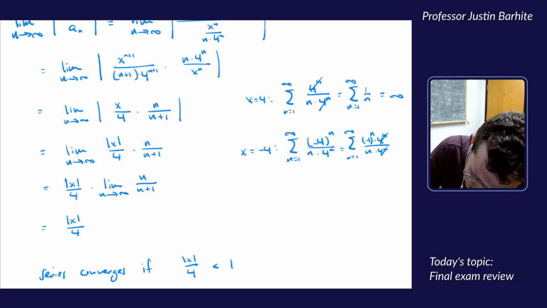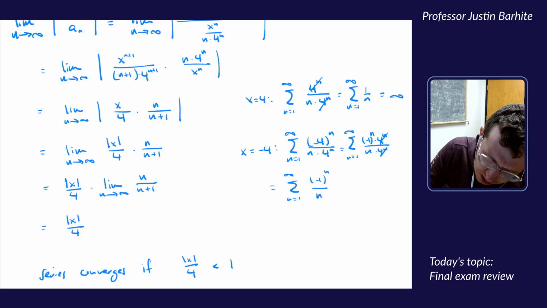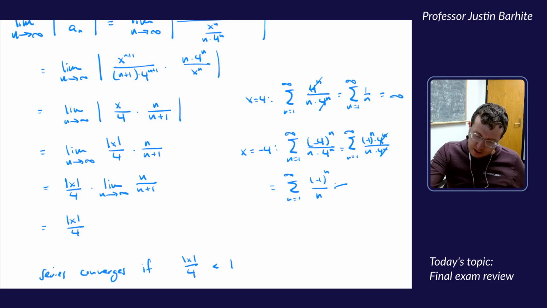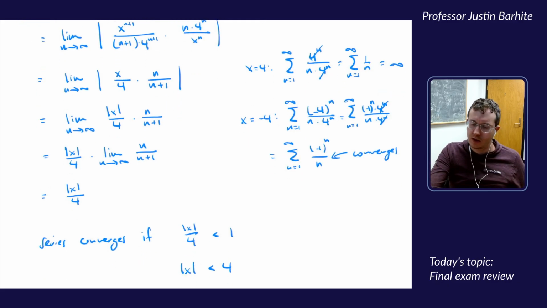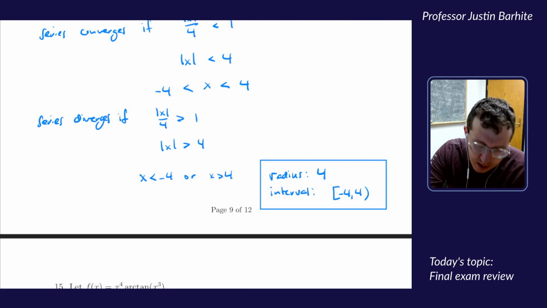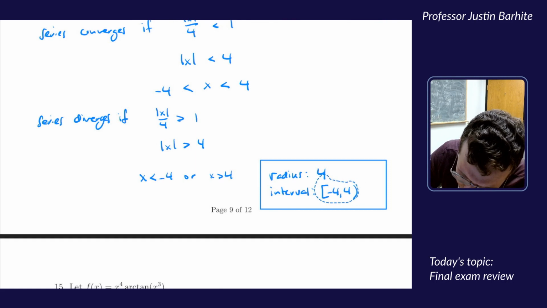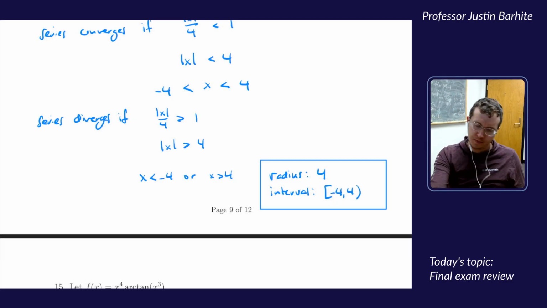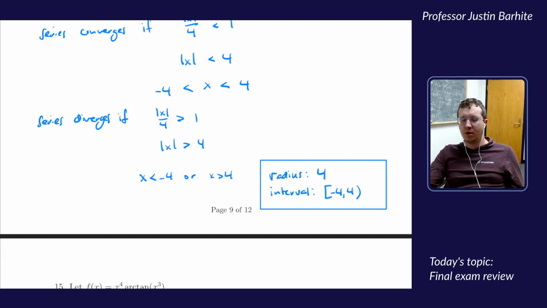Once again, the 4 to the n's cancel, but this time I have a (-1) to the n. This is the alternating harmonic series, which does converge. So the series converges at x equals -4, but not at x equals 4. All right.